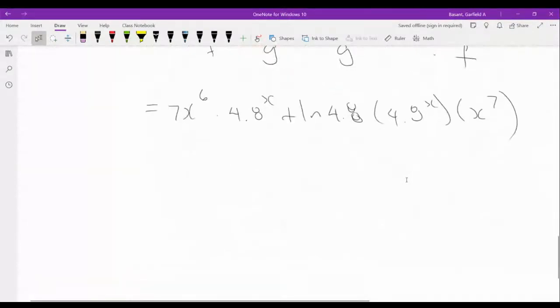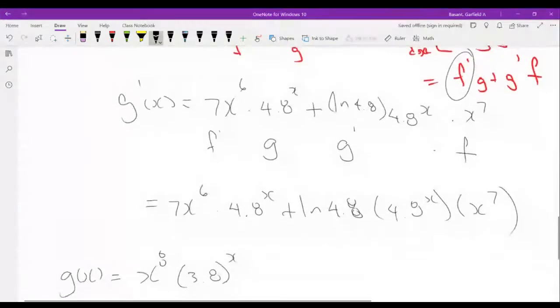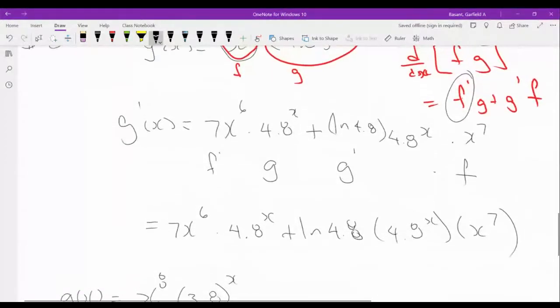All right, let's try this one. It says g of x equal to x to the 8. All right, how far?